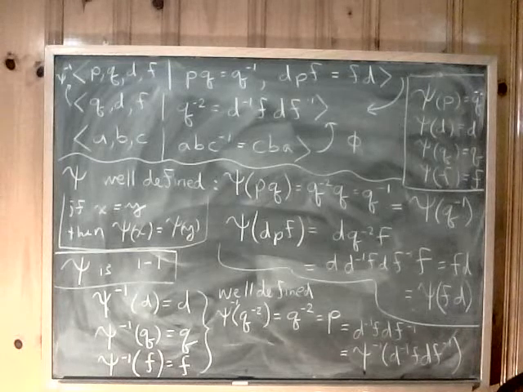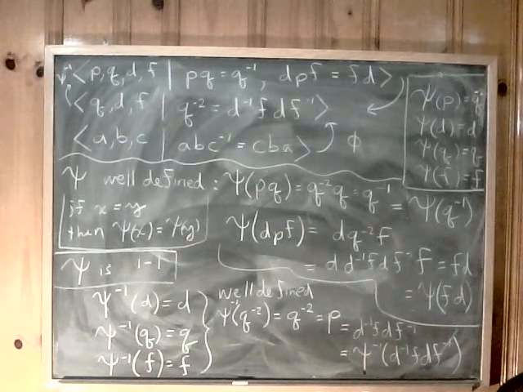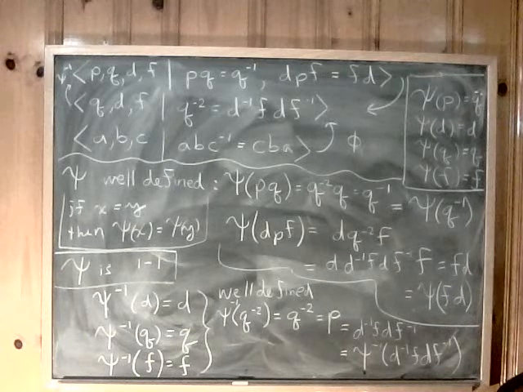Then the last thing to check is that it composes to be the identity. And that's super easy. C inverse of C is obviously going to be the identity.